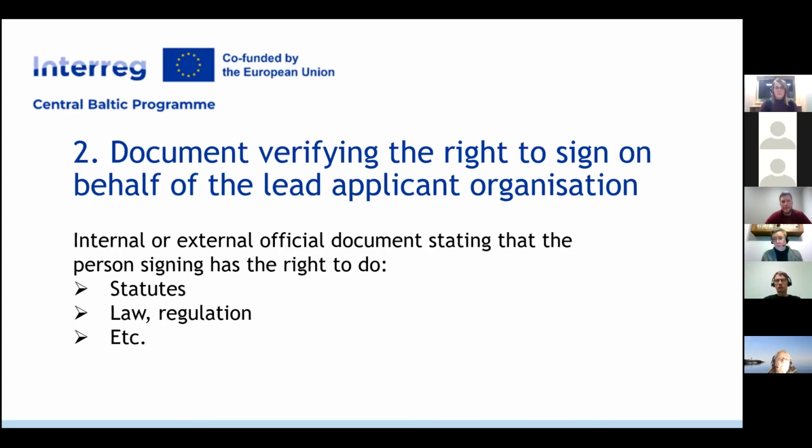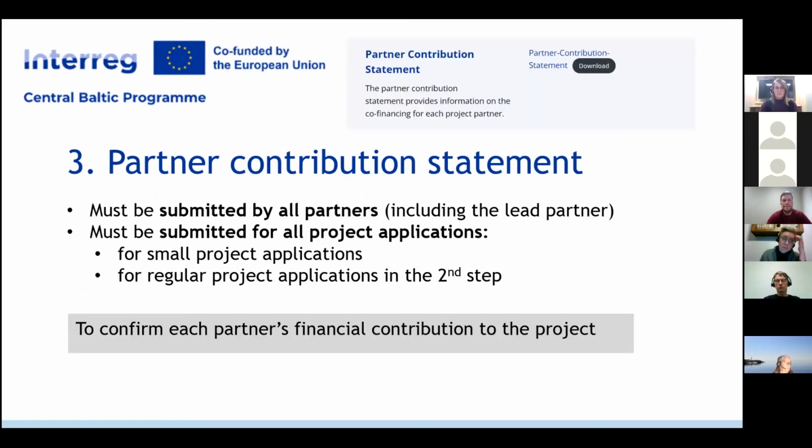In this document, there should be a clear signage that the person signing the confirmation letter is the one who has the rights to do so. And this might be either an internal or external document of the organization, for example, statutes, some kind of law or regulation, or any other kind of documents, but a legal document.